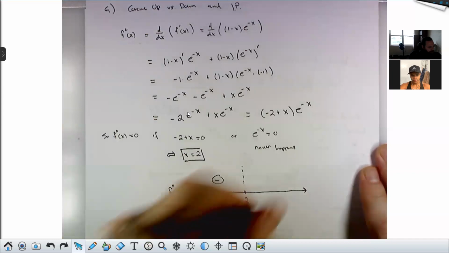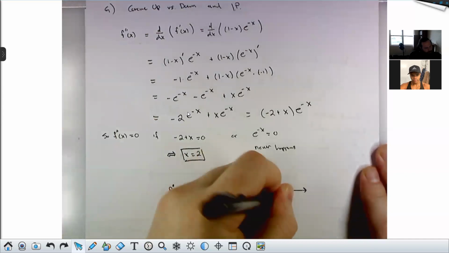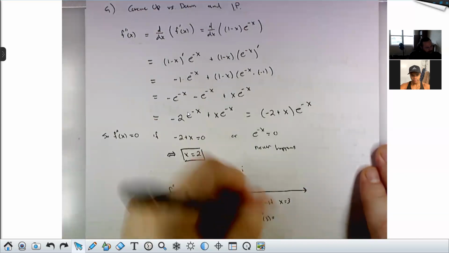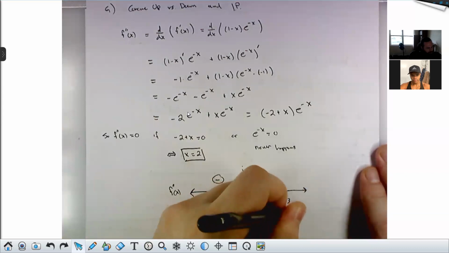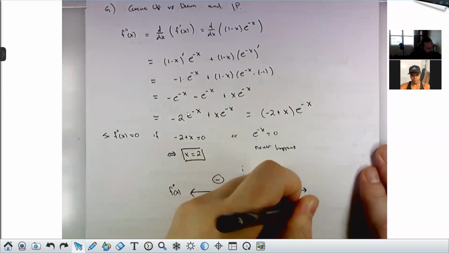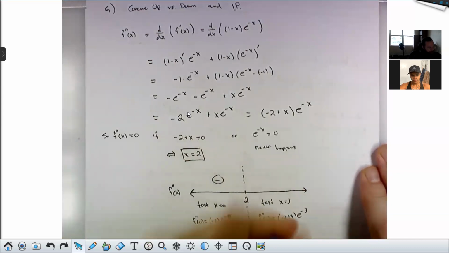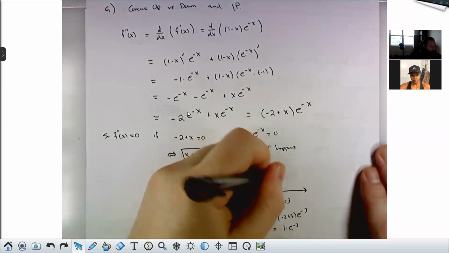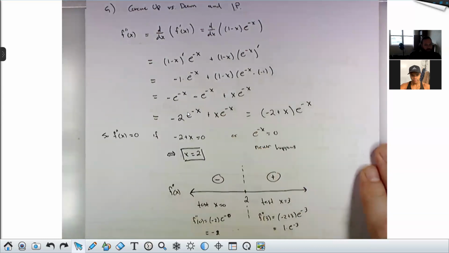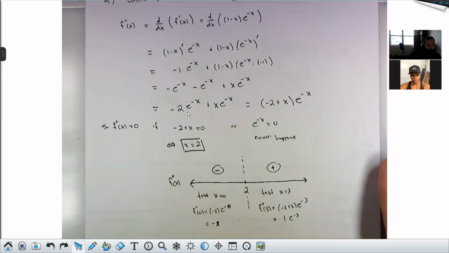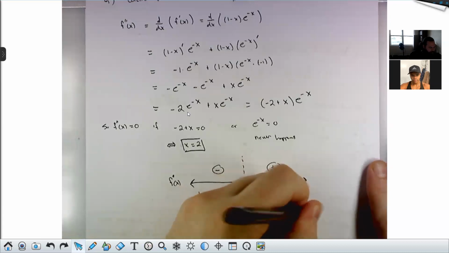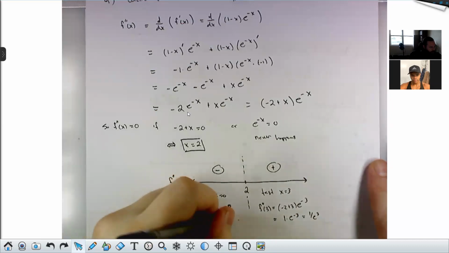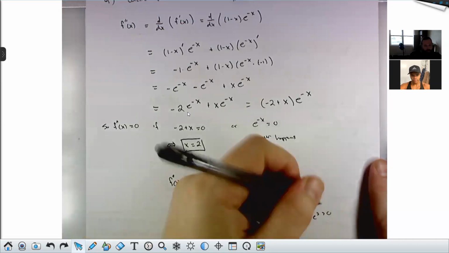And then to the right of 2, I could test x equals 3. And f double primed of 3 would be negative 2 plus 3 times e to the negative 3, which is just 1 times e to the negative 3. And that's a positive number, right, that's 1 over e cubed. So this goes negative, this goes positive.